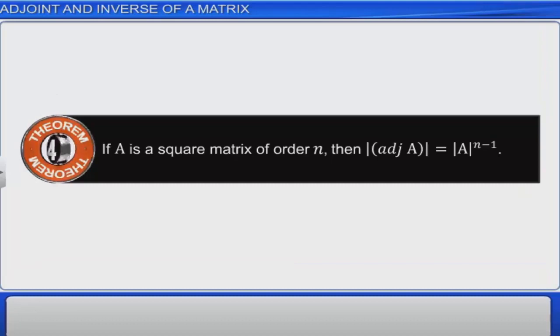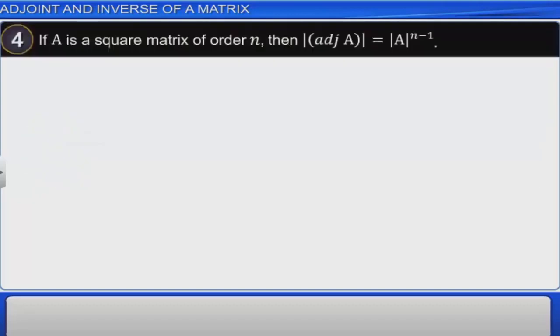Let's now move on to the next theorem, which states that if A is a square matrix of order n, then the determinant of adjoint of A is equal to determinant A raised to the power of n minus 1. Let's begin with the proof.